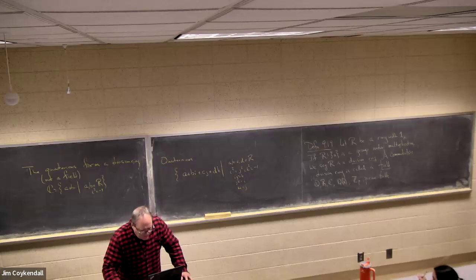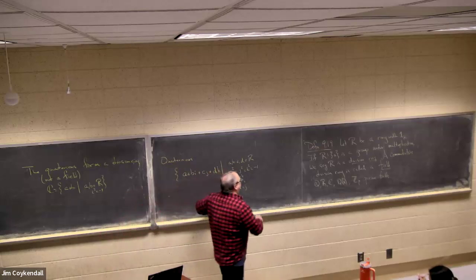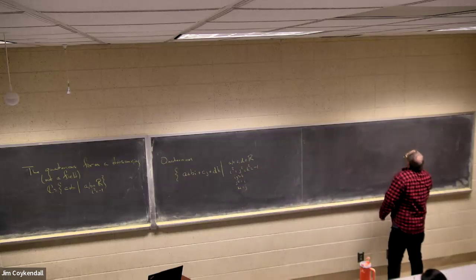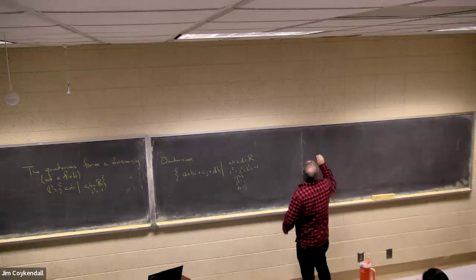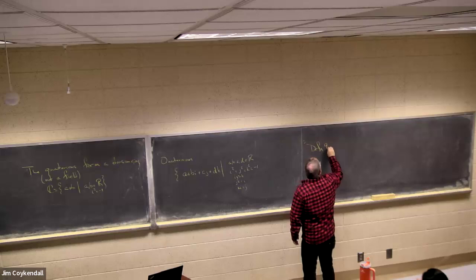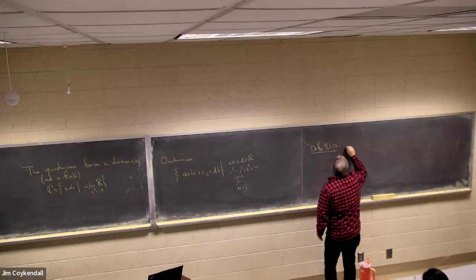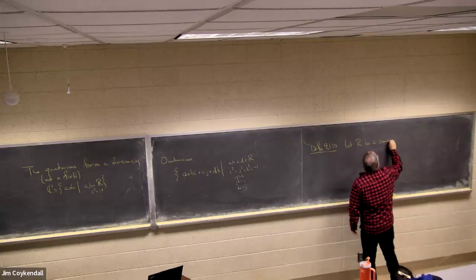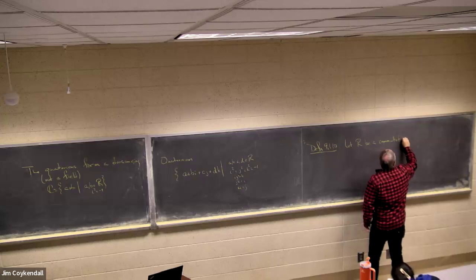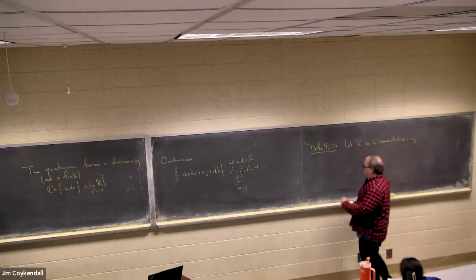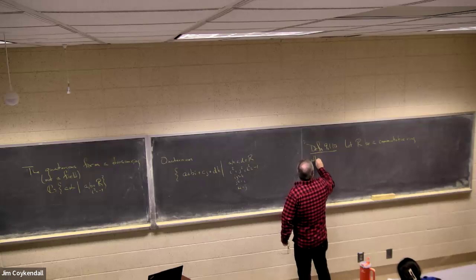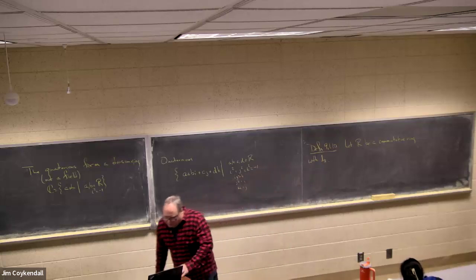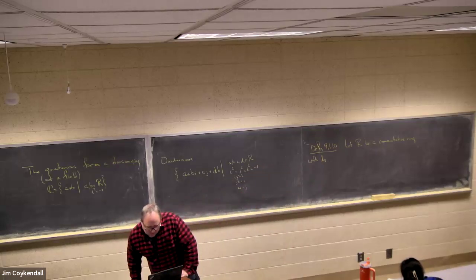I'm going to leave you with one last definition. Let R be a commutative ring with 1. It is important, a very important central part of the definition, that it has a 1 in it.